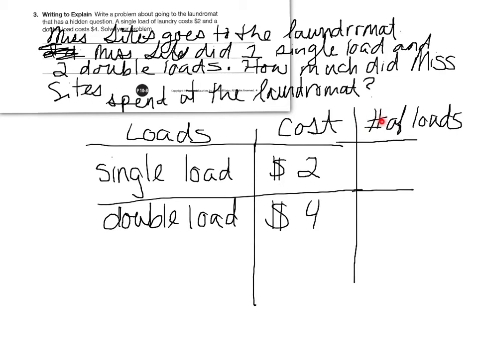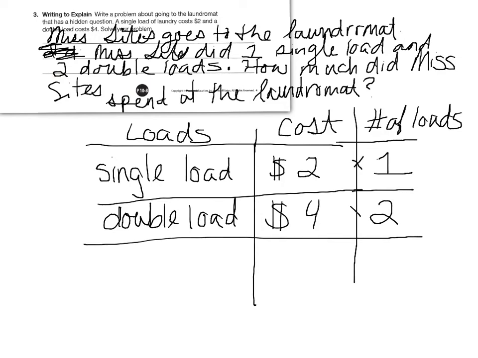You might see that on your parents' cell phones or your home phones. It also means number. It's a short way to write numbers, so you don't have to write that all out. Alright, so according to my problem that I wrote myself, how many single loads did I do? I did 1. So I'm going to write 1 there. And I did 2 double loads. Alright, 2 there.